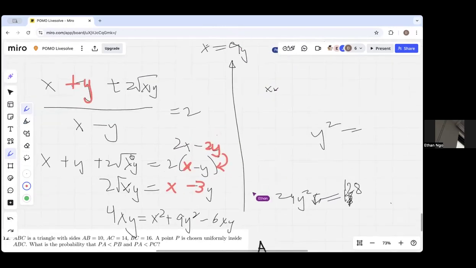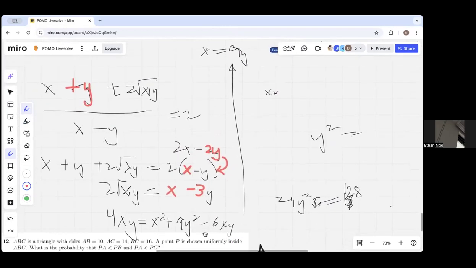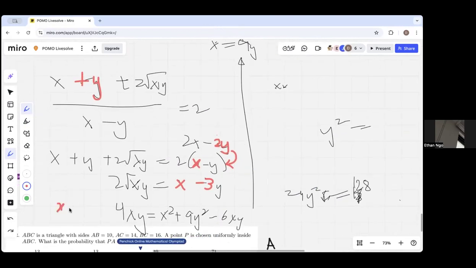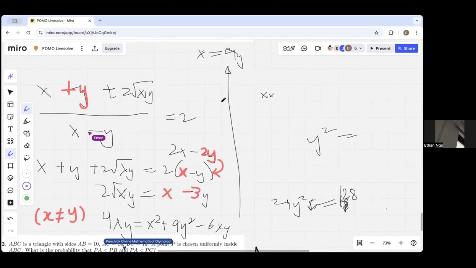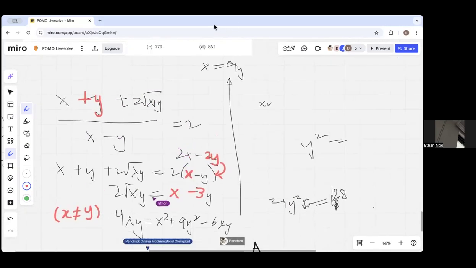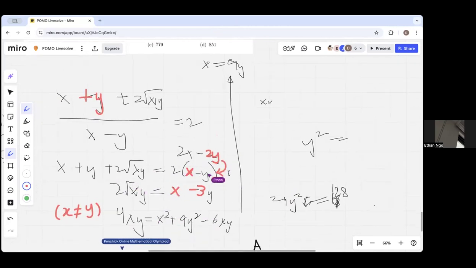We reject the x equals y case because x and y cannot be equal. So now, what remains is, we have the following. Okay, so wait, what did I erase? Okay, nothing.